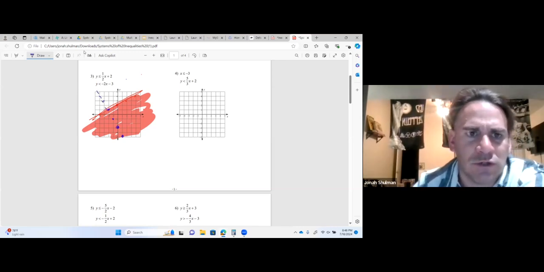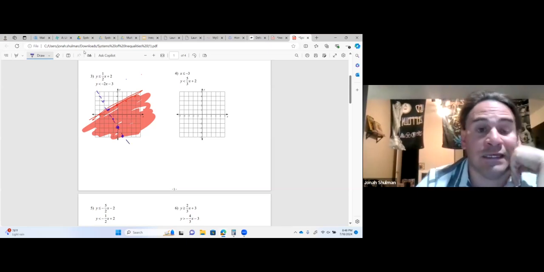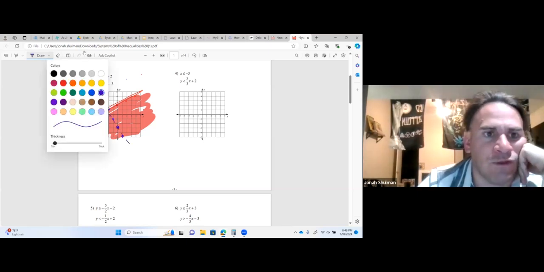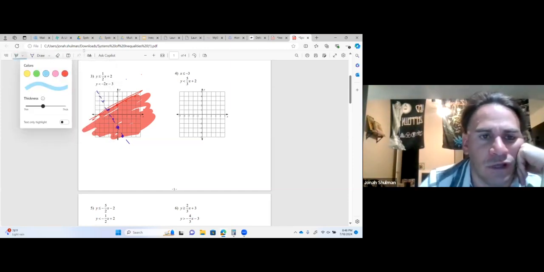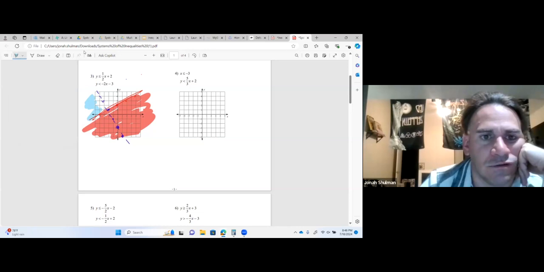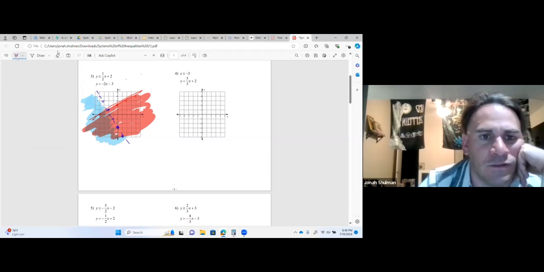So we don't actually touch it. It just approaches the line. Now we want everything less than this. So if I want everything less than this, I have to highlight in blue everything below this line. So where's the answer? Well, the answer is the purple. This is your answer.